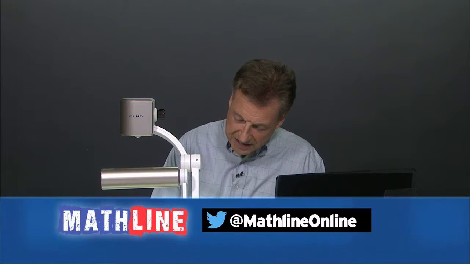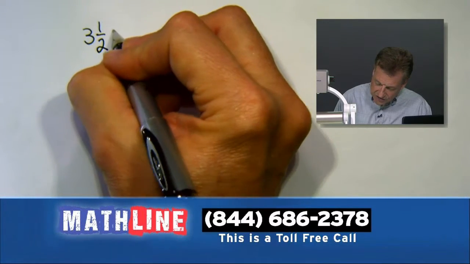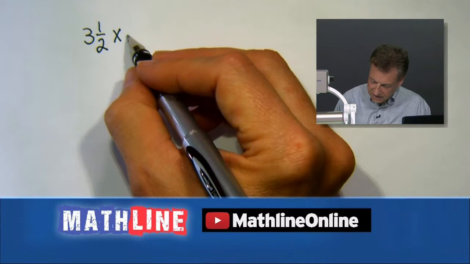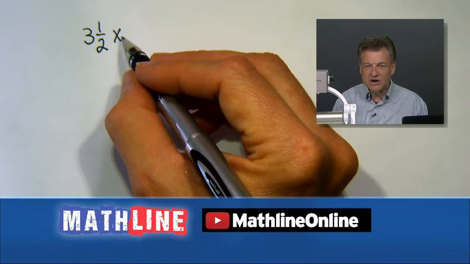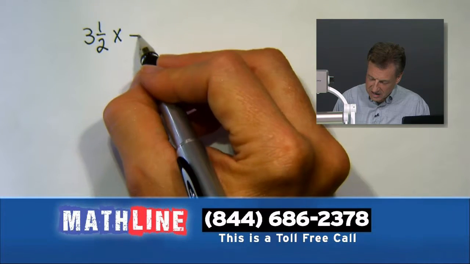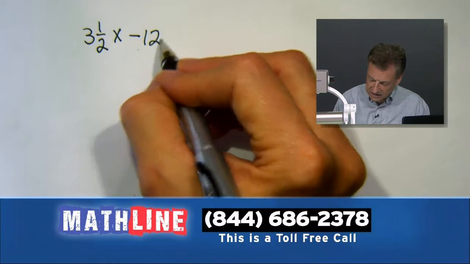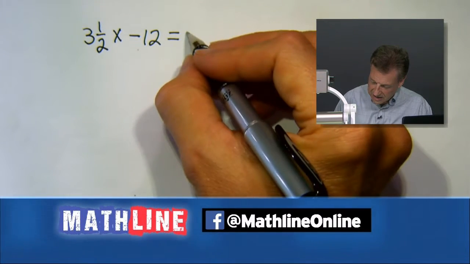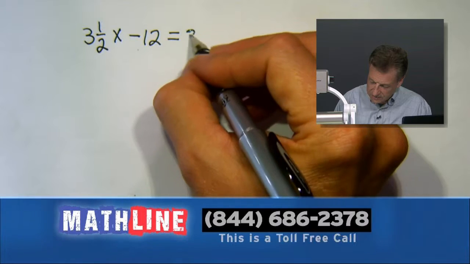All right, so let's go back again. 3.5x, right? Yes. And what are we going to do on the other side of it? 3.5x minus 12, and that equals 30 plus x.